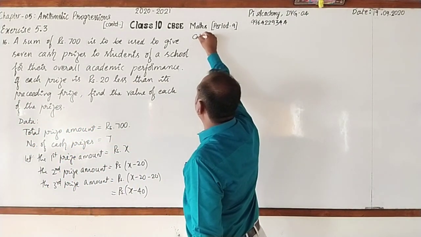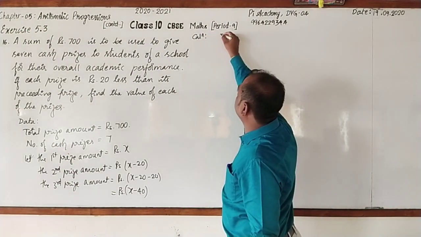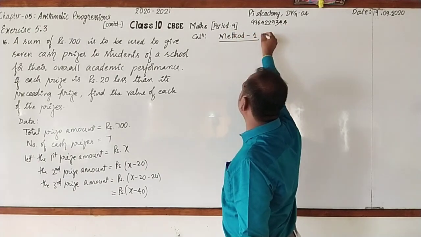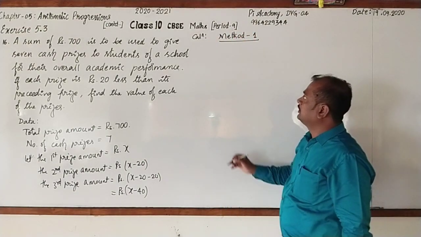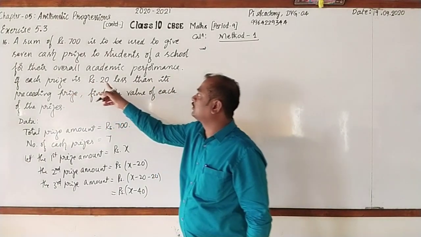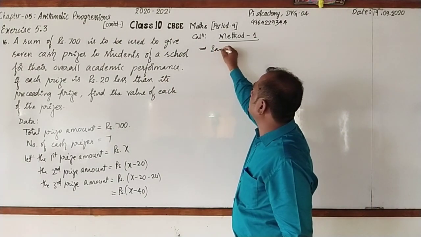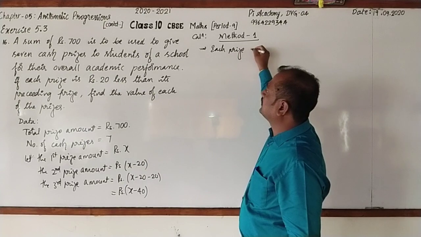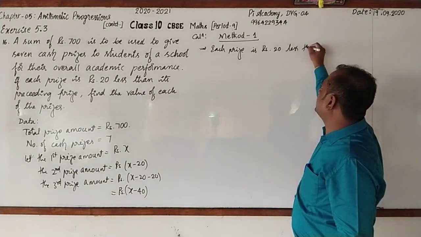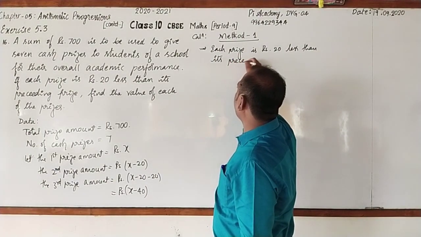Observe. Calculation. In calculation, I move on to the first method. Method 1, that is using the AP concept. Here we can write: each prize is rupees 20 less than its preceding prize.